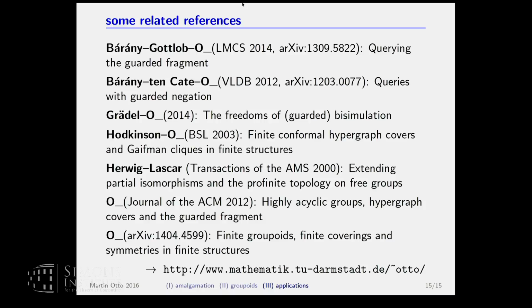A very old thing on conformal hypergraph covers that I didn't mention explicitly, but basically the work that I'm talking about here now includes the results that we obtained there, which could only deal with one aspect of acyclicity in hypergraphs, and now the limitations have been overcome. Then this Herwig-Lascar theorem that I mentioned, this EPPA result that can be reproduced here. And the technical source for all of this is the last one, which is on arXiv, but the better version is the more current version on my homepage.